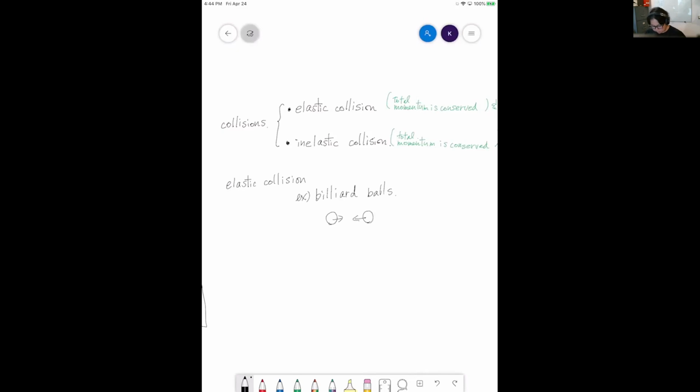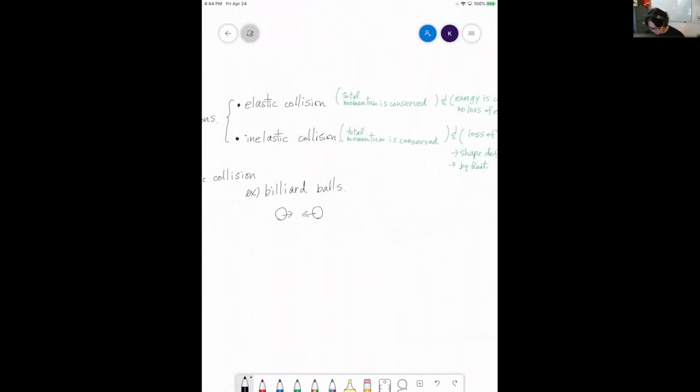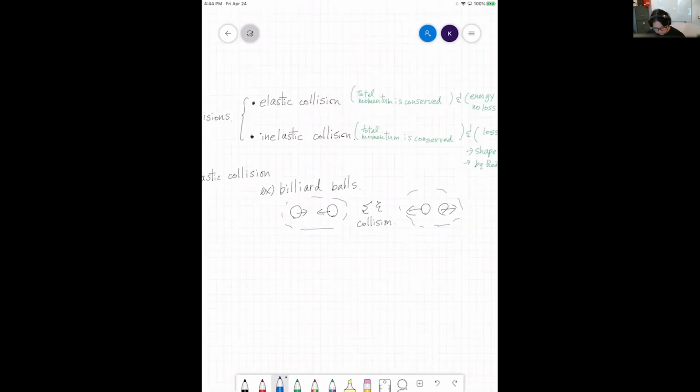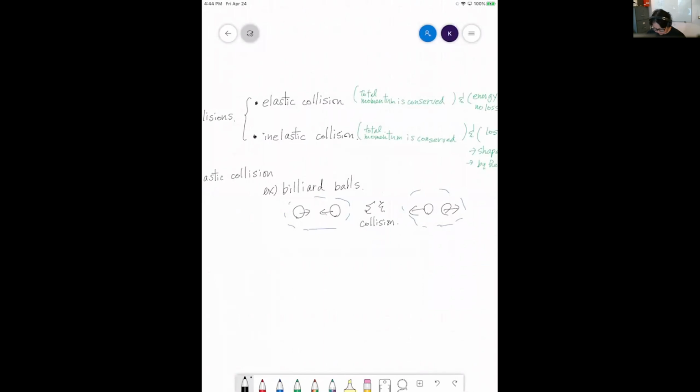When these billiard balls come to each other and make a collision, if you put all of this in one system, there's no loss in energy, no deformation, no generation of heat.